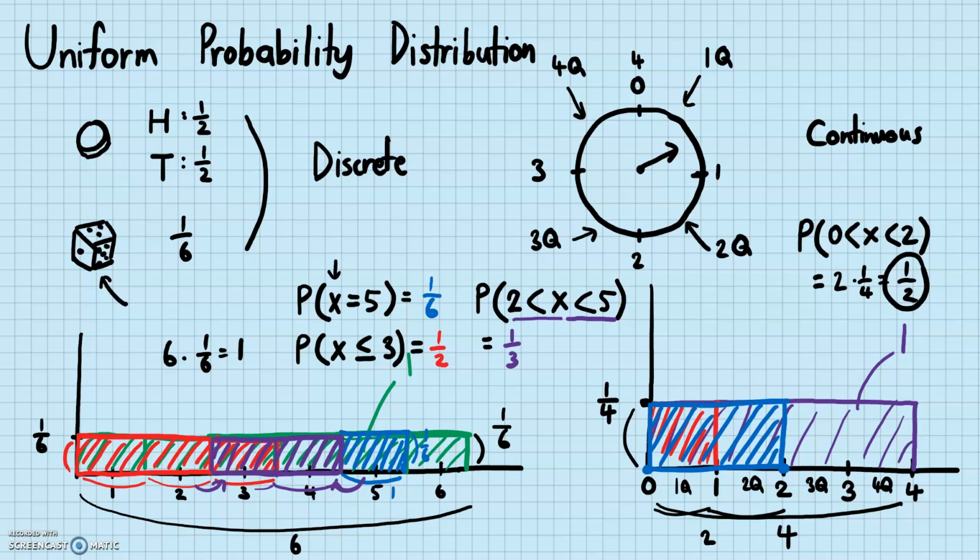And that makes sense also looking at our spinner diagram here. Probability that the arrow will land somewhere in this region, right? We're talking about 0 and 2. That's exactly half. So that's why our probability is half. Okay, so this is what uniform probability is.